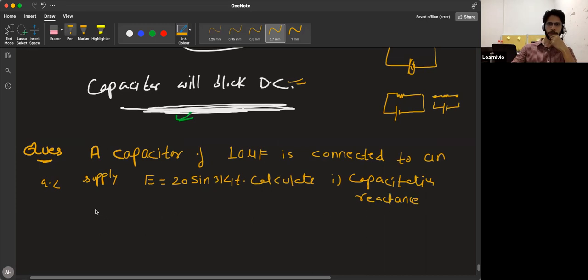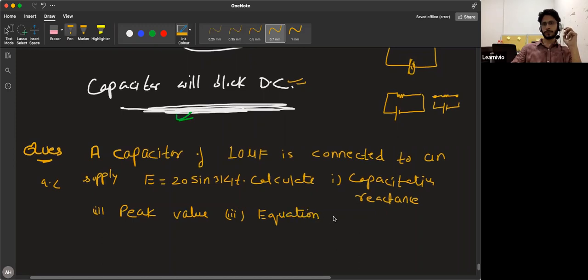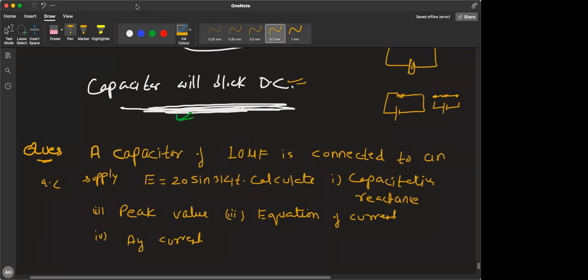Second part, peak value of current. Third part, equation of current. And the fourth part, average power. Please solve it and start writing your answers in the chat room.